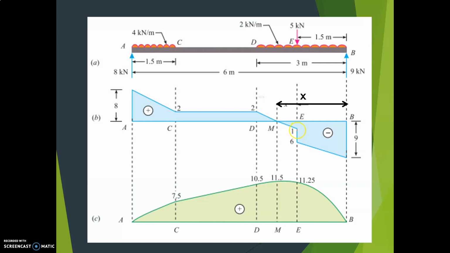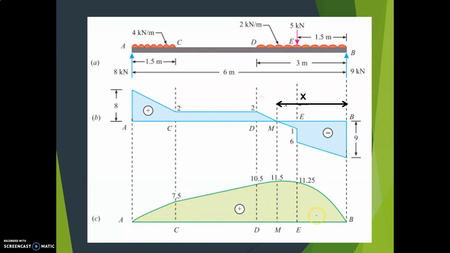Then right of D it is 2 kilonewton. Here there is UDL, so it is linear, changing sign from minus to plus. Then at C also 2, right of C also 2, so it's a constant line. Then from 2 it increases to 8, again UDL here, so an inclined line. So this is the shear force diagram. Here minus and this is plus.